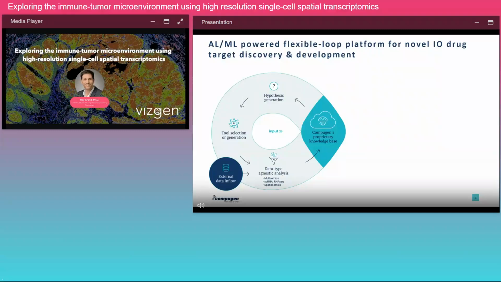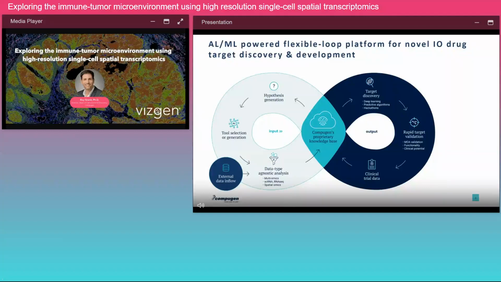From this database, we venture into a discovery project. We start with a hypothesis, then we move on to the tool selection or generation, gather the specific data types that we need to conduct our analysis, and then this feeds back into our platform, and it yields eventually new drug targets to be tested in the lab.